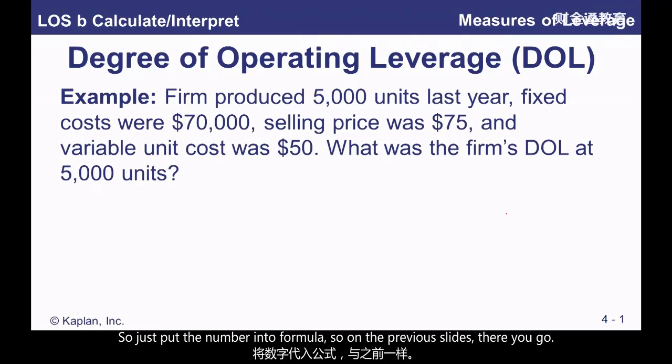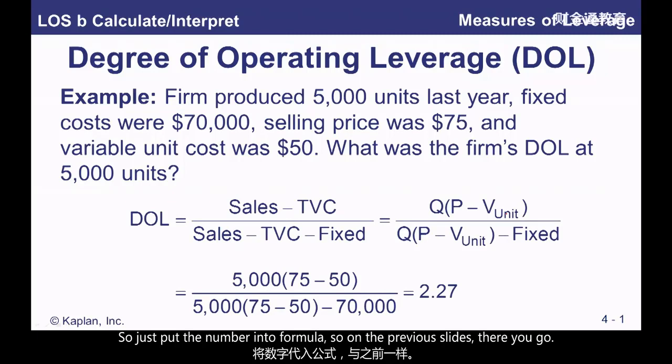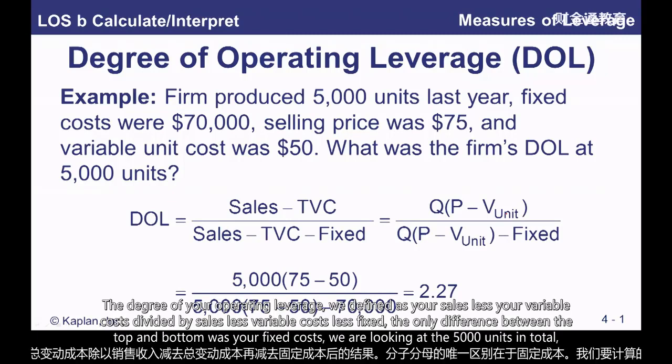So just inputting the numbers into the formula that you saw on the previous slide. There you go, degree of operating leverage we defined as your sales less your variable cost divided by sales less variable cost less fixed. The only difference between the top and the bottom are your fixed costs.